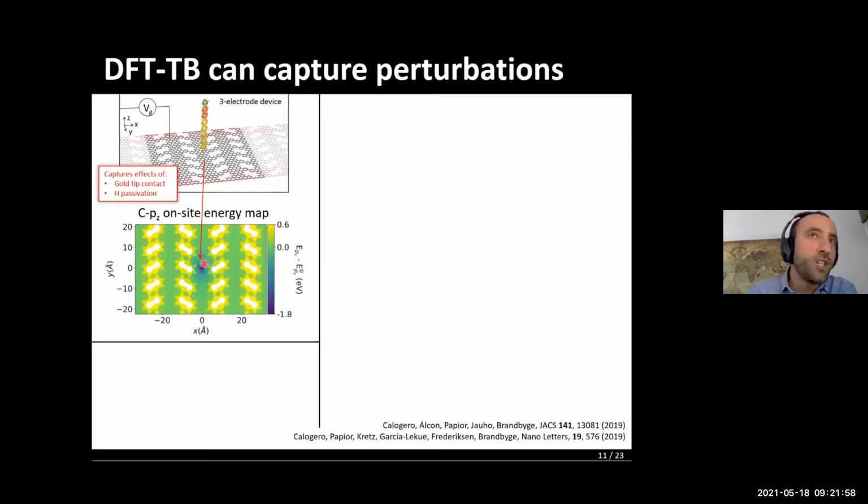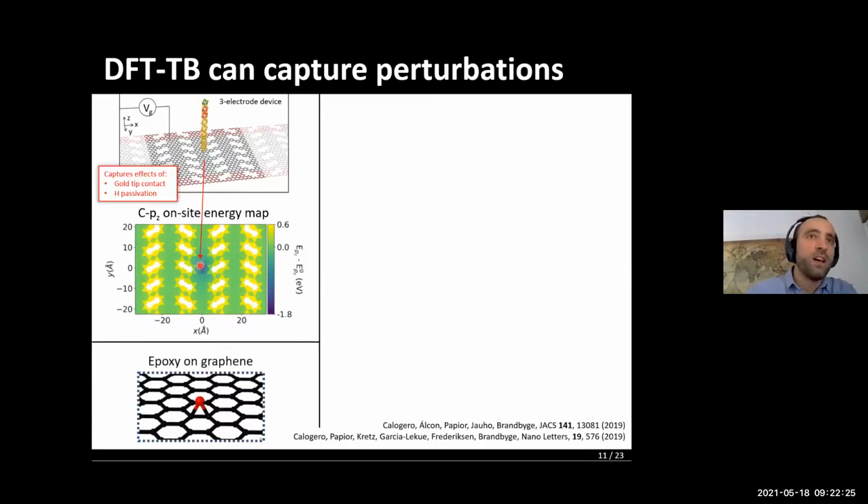And in addition to this, if you were, for example, to put a gold tip in chemical contact with the system, this would cause n-doping. And by parametrizing the system only onto PZ, you could see the distortion, the perturbation to the PZ energy around the contact point. So this is quite interesting and useful if you want to study perturbations.